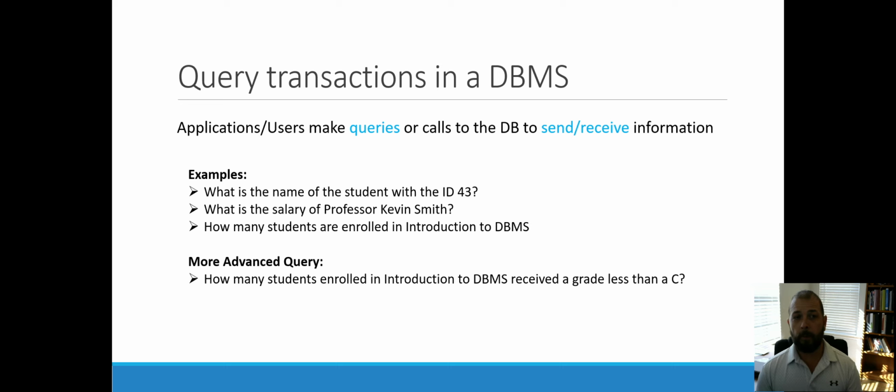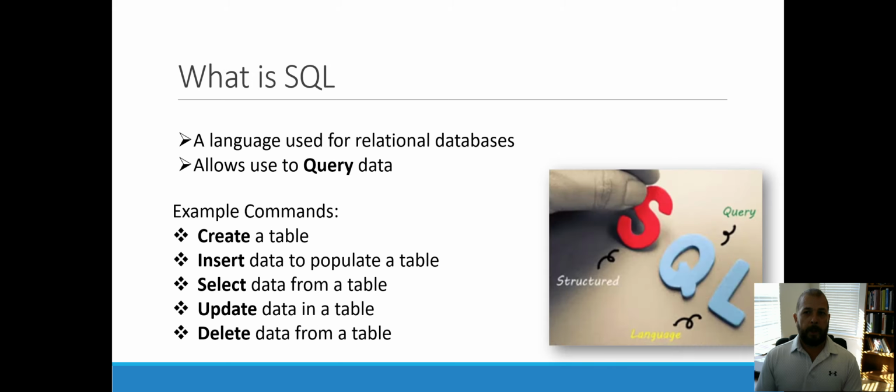Some of the more advanced queries might be something like how many students enrolled in the database management system actually received a grade less than a C. So you can even make more complex transactions through these queries as well. The way that we build queries is using a scripting language called SQL, and what I'll probably call it is a SQL query.